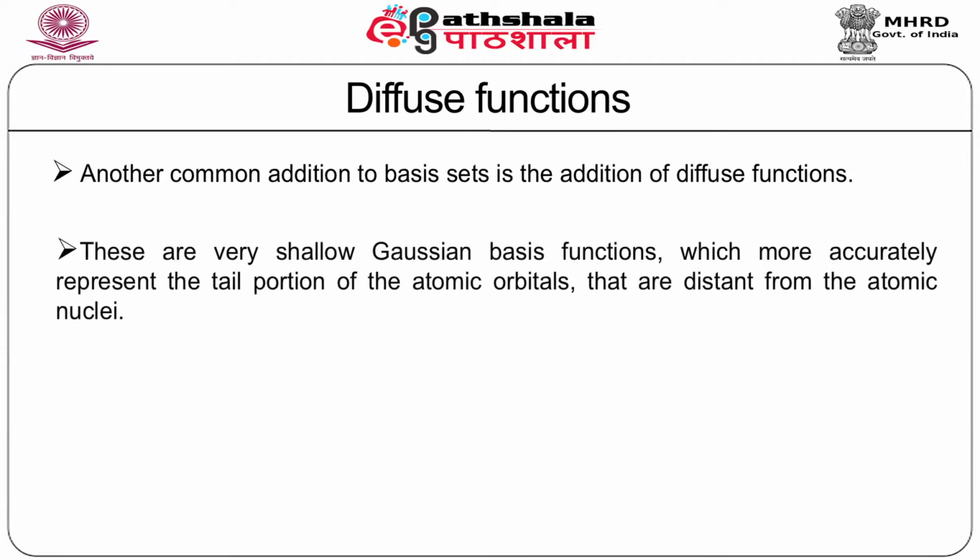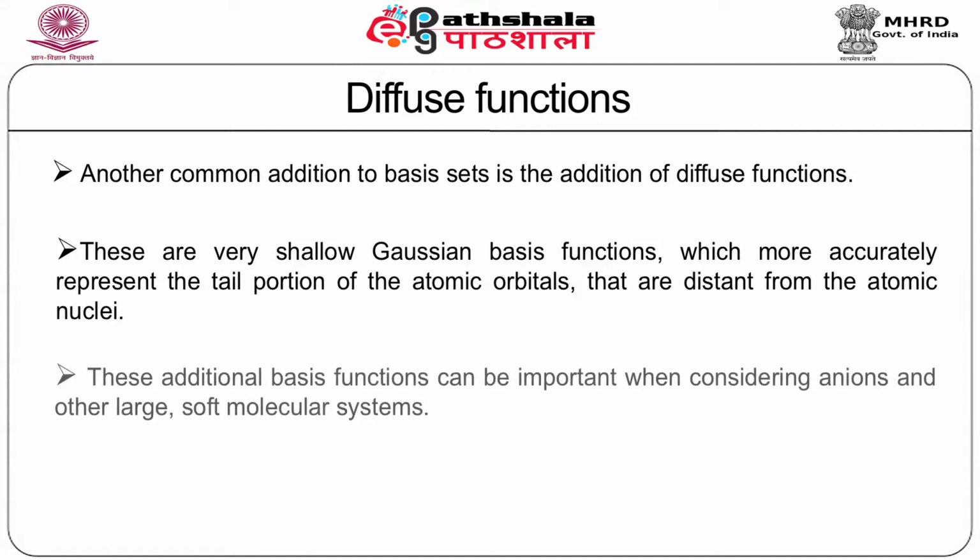These functions are very shallow Gaussian basis functions which more accurately represent the tail portion of the atomic orbitals that are distant from the atomic nuclei. These additional basis functions can be important while considering anions and other large soft molecular systems.